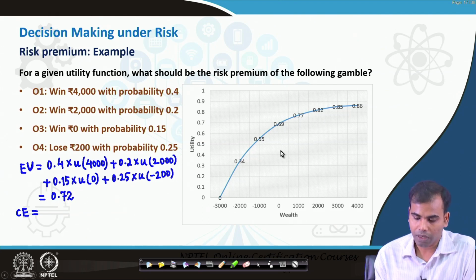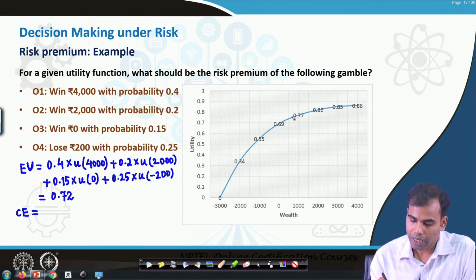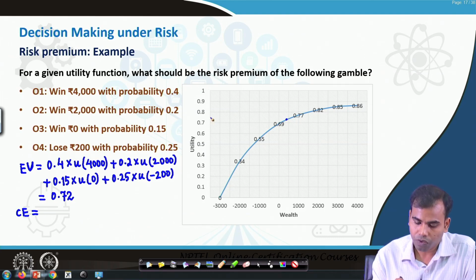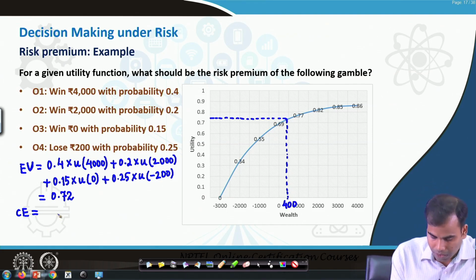So, if you refer to the graph and find 0.72 as a point where the wealth level can be determined as certainty equivalent, this actually gets us to the wealth level of close to 400. So, we can say that certainty equivalent is 400.